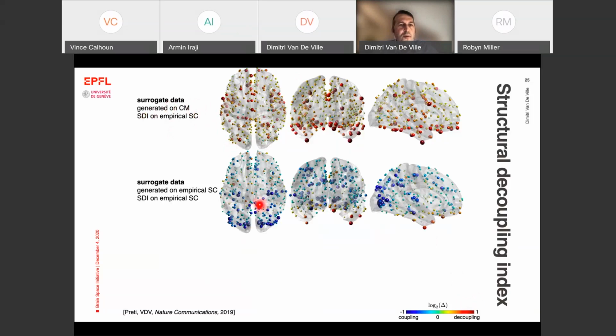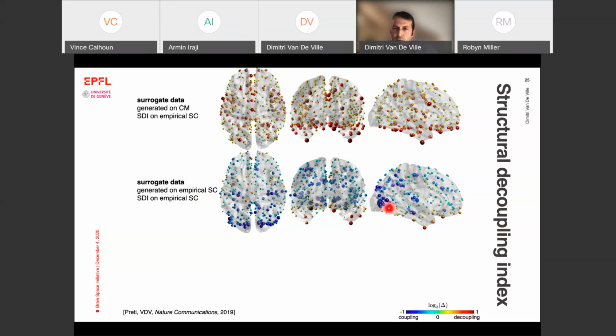Now, if we generate the surrogate data also using the empirical structural connectome, we get a completely different pattern, as you can see here. We get very characteristic tendencies which show us that sensory regions are very much towards coupling.